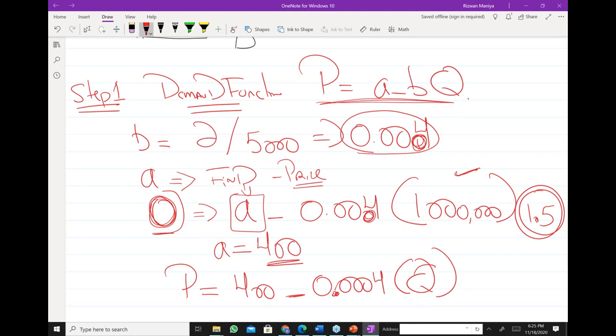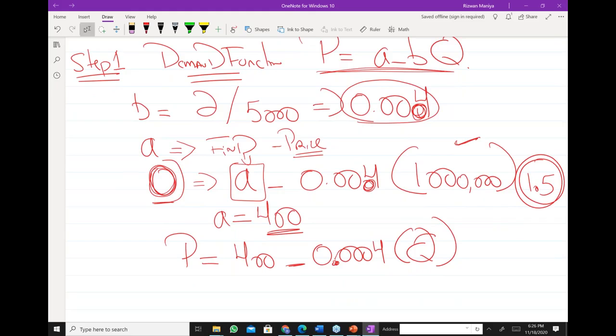So 1.5 marks you secured by solving step 1. Okay, I hope this is clear.